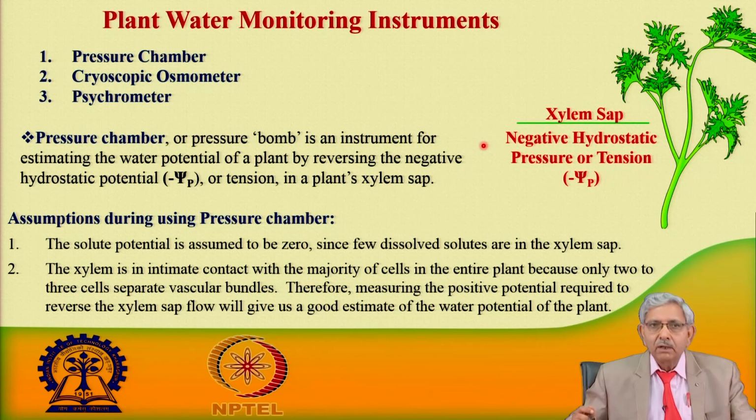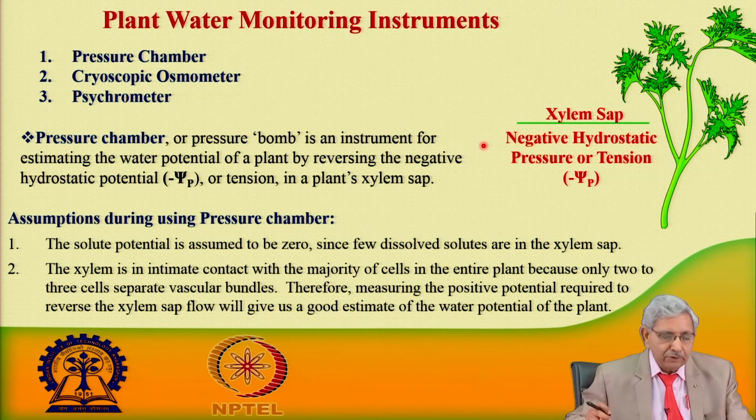Now, the plant water potential can be measured using a pressure chamber, a cryoscopic osmometer, or a psychrometer. What is a pressure chamber?